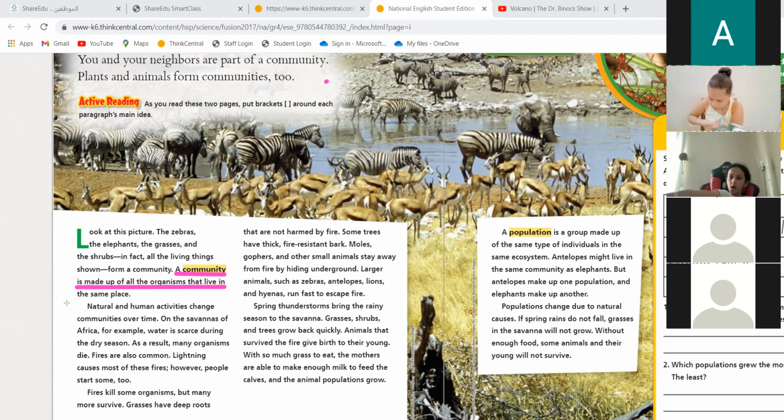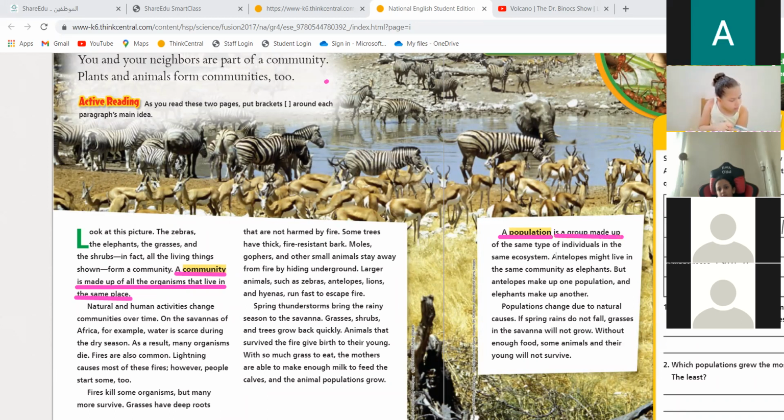So a community is made up of all the organisms that live in the same place. All these animals that live in the same place make up a community. But a population is a group made up of the same type of individual in the same ecosystem.